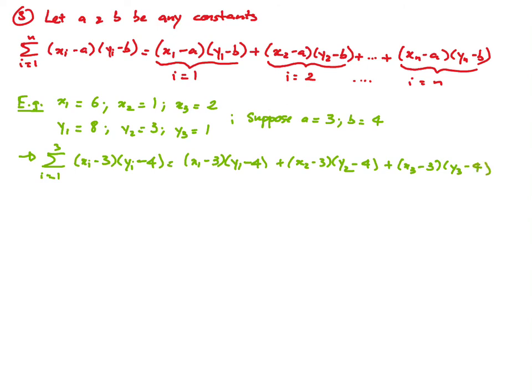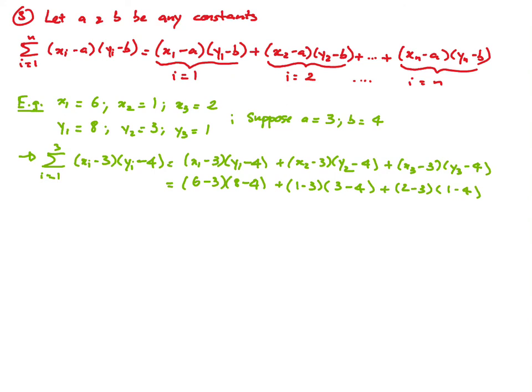So if you plug in numbers, right, this becomes (6 minus 3) times (8 minus 4) plus (1 minus 3) times (3 minus 4) plus (2 minus 3) times (1 minus 4).